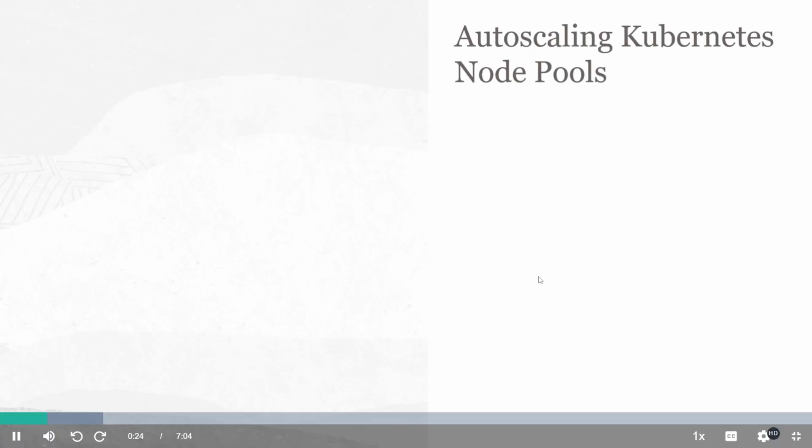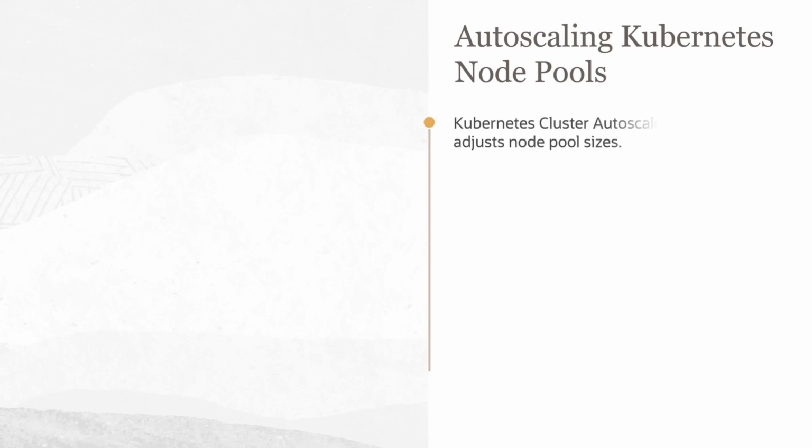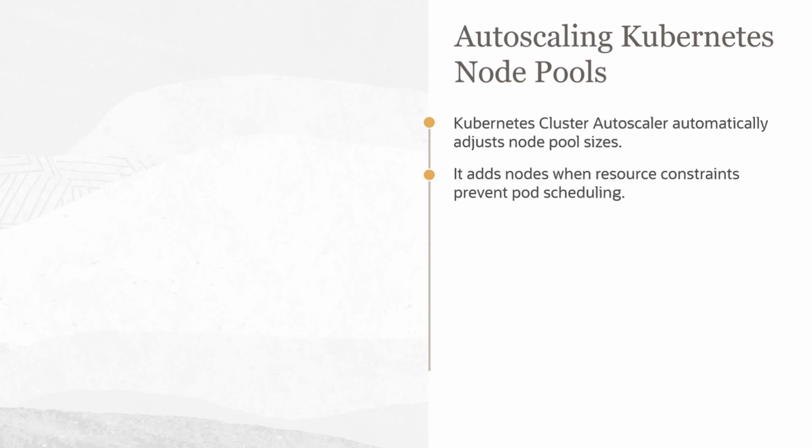The Kubernetes autoscaler acts as your dynamic helper, automatically adjusting node pool sizes to align with the changing demands of your application workloads. When resource constraints create hurdles for pod scheduling, the autoscaler swiftly adds nodes to ensure your applications run smoothly.